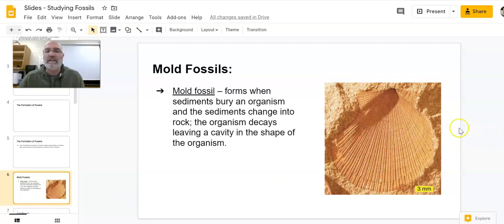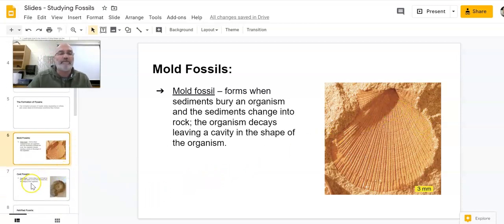So what you're seeing here in this particular picture is there was a shell there at one point or another. The shell decayed over time, but it left an imprint of what it looked like, a cavity inside of sediment that solidified in rock. So this is basically a mold of what that animal once looked like.